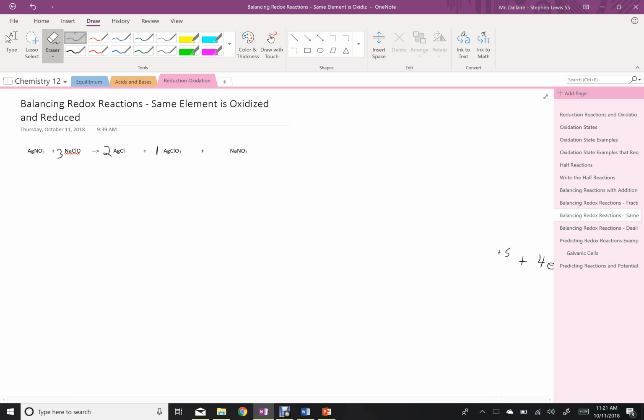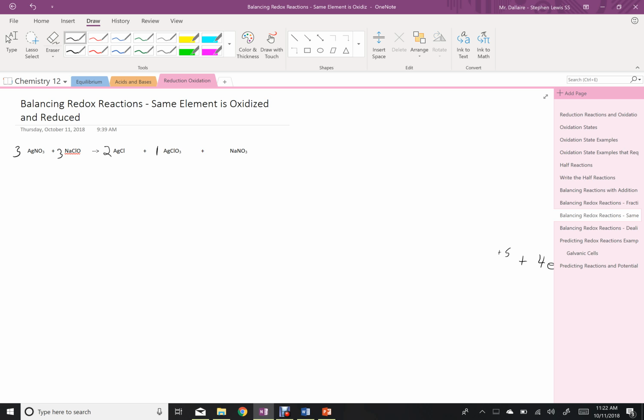Okay. So now, the thing I'm going to balance next are the silvers. I have 3 silvers on this side, Ag. I have 3 of them on this side, so I'm going to need 3 silvers on this side to balance them out. Okay, that's silver.